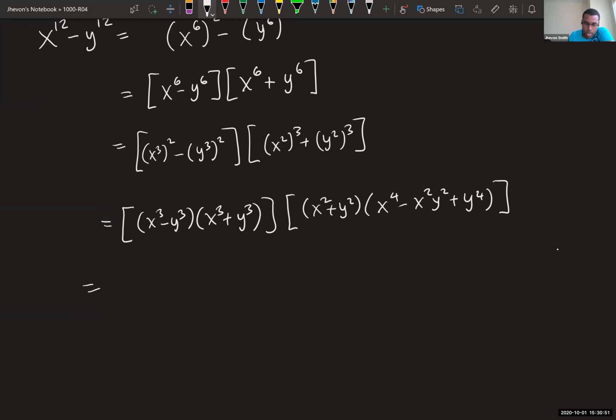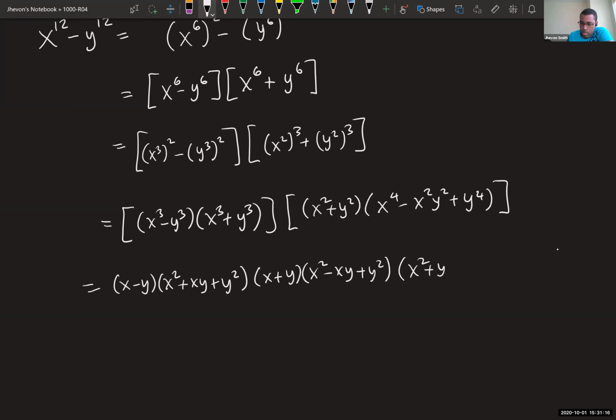For the first two, I can apply the difference of cubes formula to the x cubed minus y cubed. Then I apply the sum of cubes formula to the x cubed plus y cubed. And these guys are just left over.